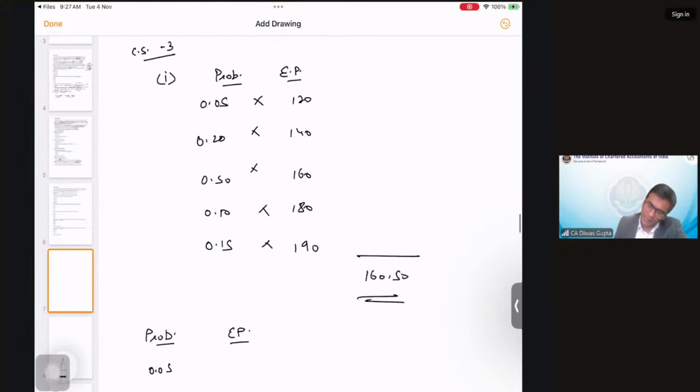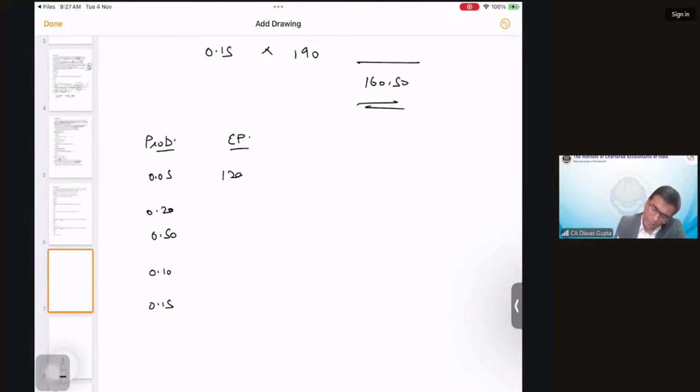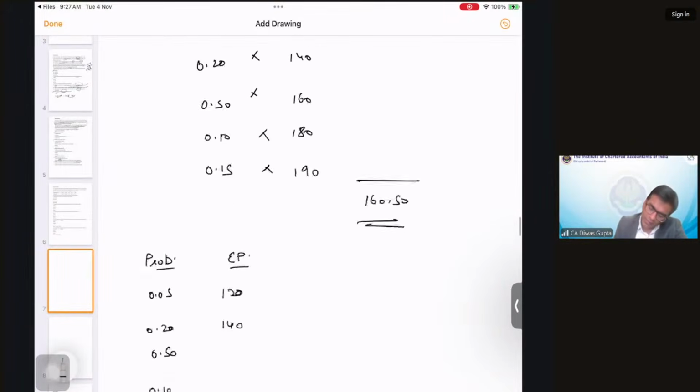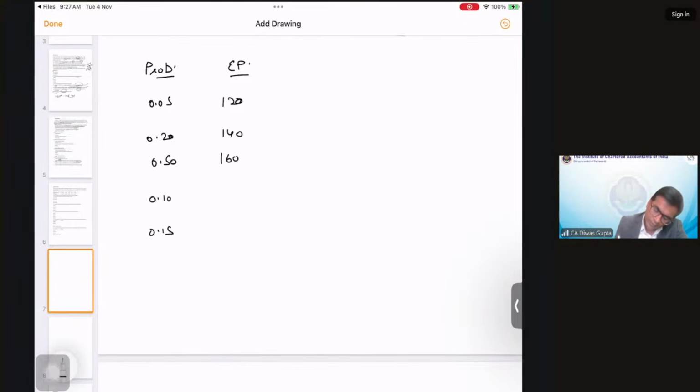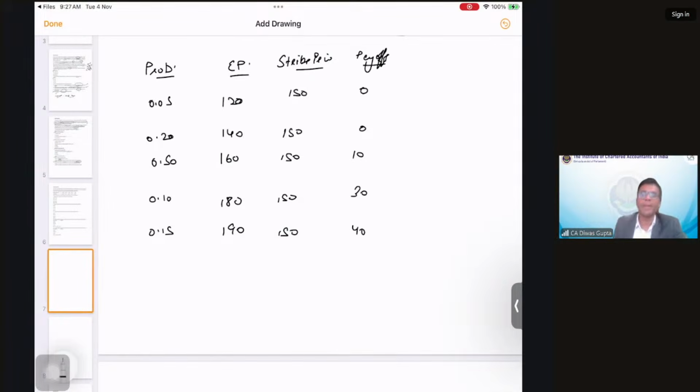What were the expected prices? 120, 140, then 160, 180, 190. What is the strike price? 150 in all the situations. So payoffs. Here it will be 0. Here also it will be 0. Here it will be 10, 30, and then 40. Correct, students? In the first two cases, it will be 0.